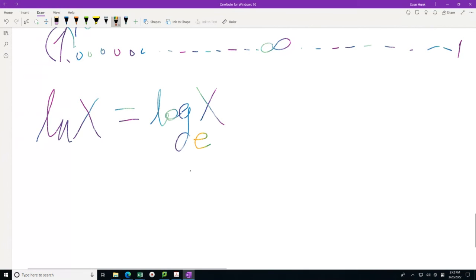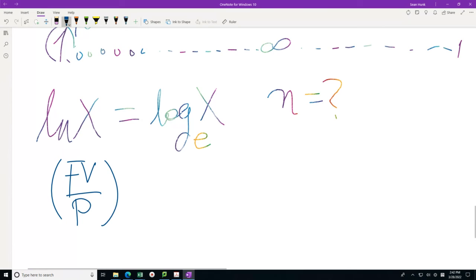And that means we can take, remember, the reason we came to this is because of n. Remember, if n is the unknown, how do we solve for that? Of course, we start with 1 plus r, raised to n.